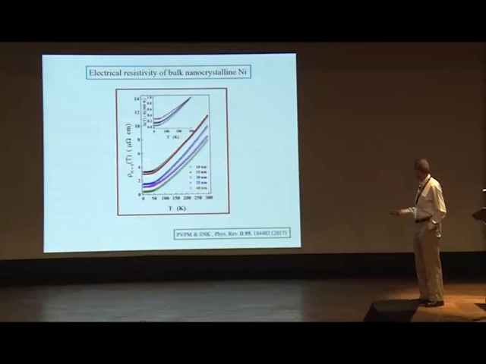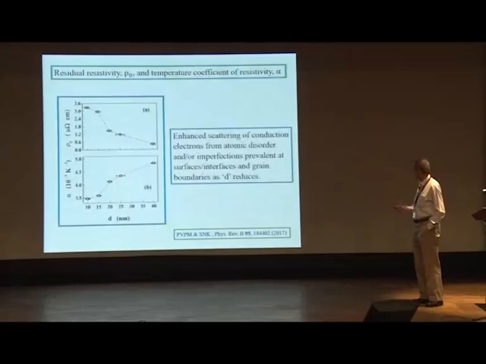As expected, as the crystallite size reduces, the residual resistivity goes up, whereas the temperature coefficient of resistivity near room temperature increases with increasing crystallite size. That is seen in this slide. So you see the residual resistivity falls as you go to higher crystallite size, whereas the temperature coefficient of resistivity goes up.